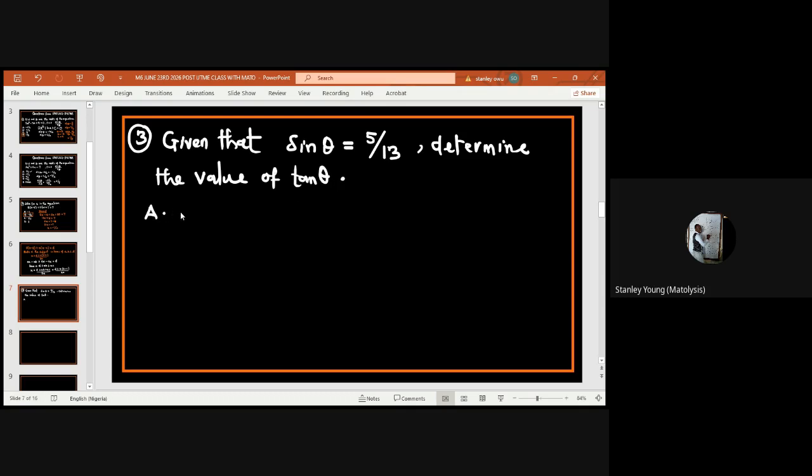Option A, 5 over 12. Option B, 12 over 5. Option C, 12 over 13. Option D, 5 over 13. Option E, none.